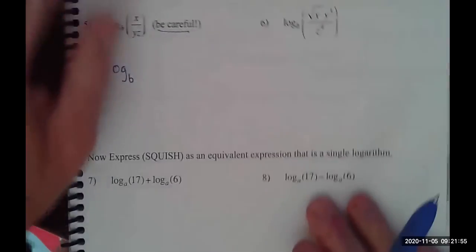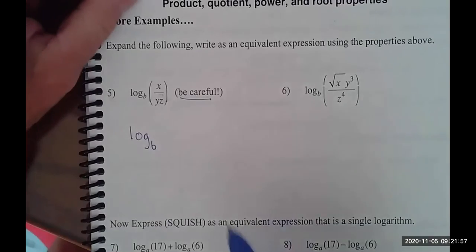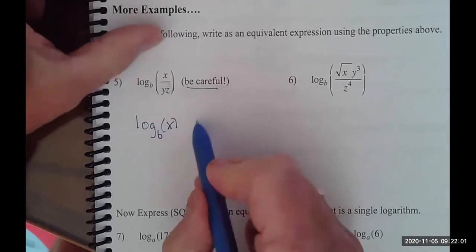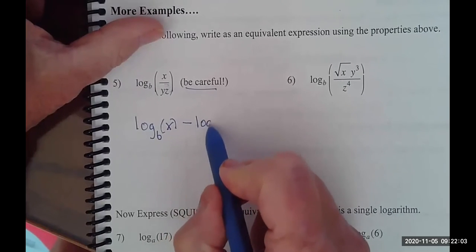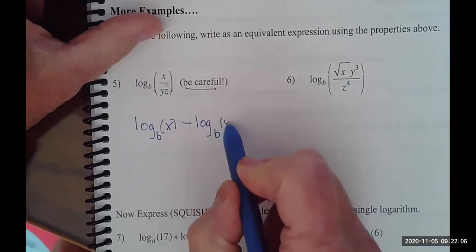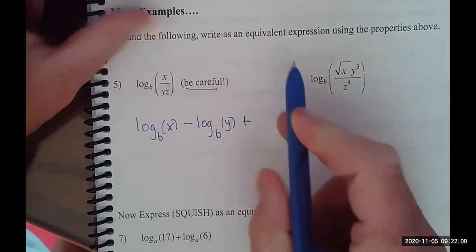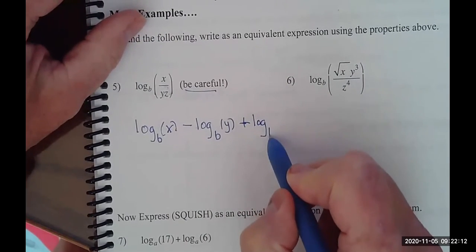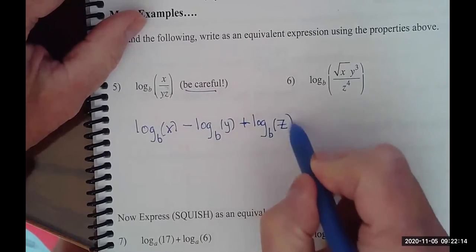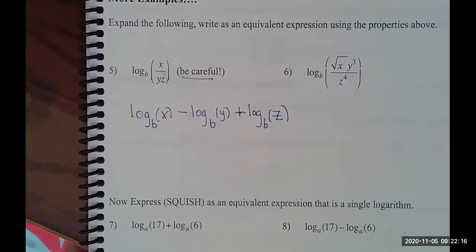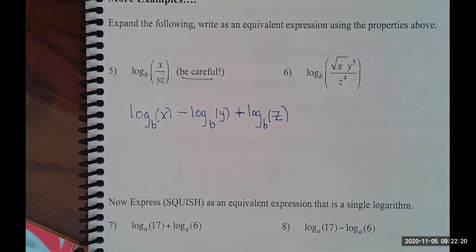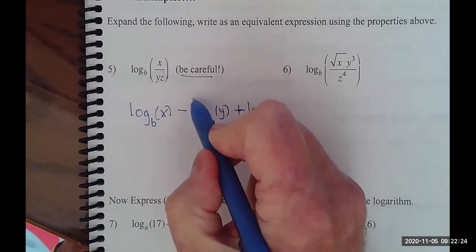Well, the big deal comes like with this one, if you're not careful. So here's the top, and then you say, I'm going to subtract, and then you go log base b of y, and then that's a product, so I'll make that into a sum. What's the big deal, Jeff? Well, the big deal is that's wrong, because the subtraction has to apply to both of them, and you didn't make it that way. That's not right. This is right.